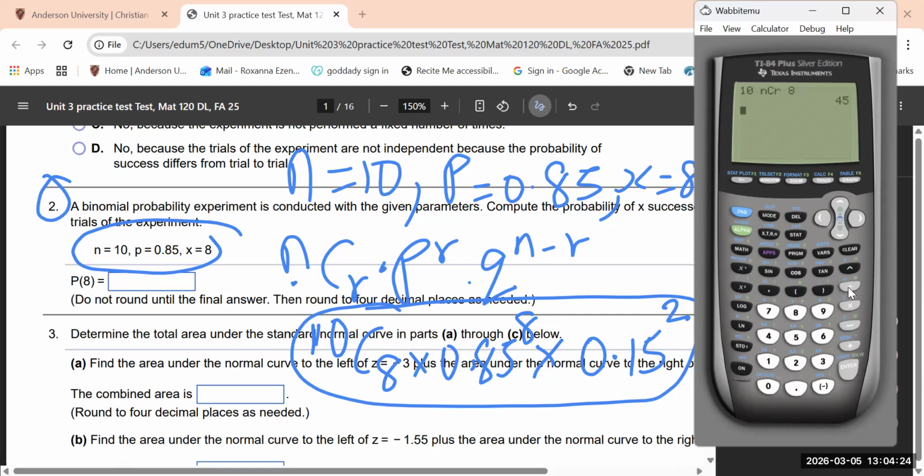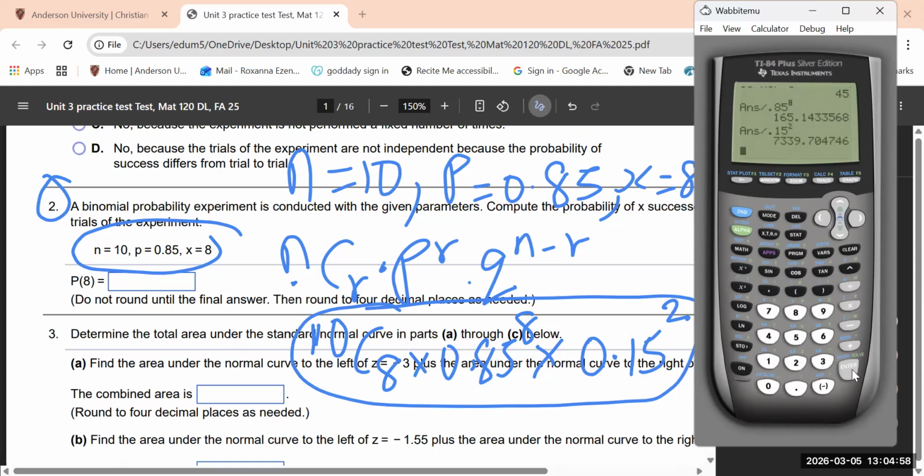Then multiplied by 0.85 to power 8, that's caret 8, and I get an answer. Then multiplied by 0.15 to power 2, and then I get an answer.